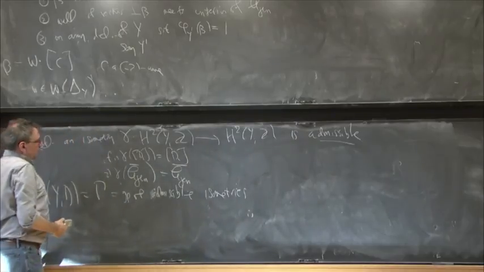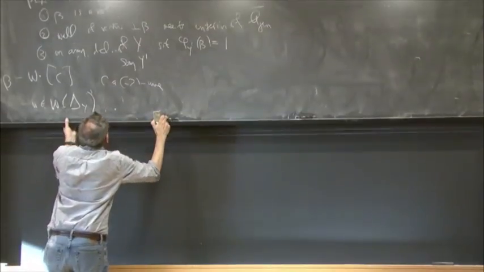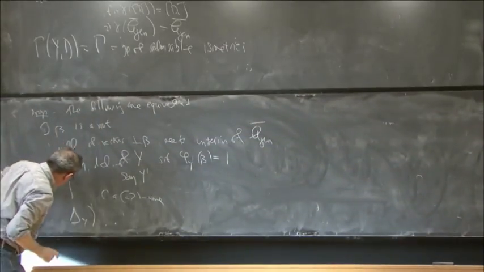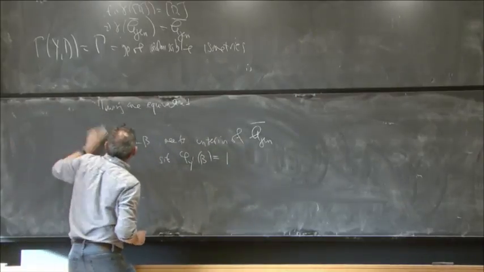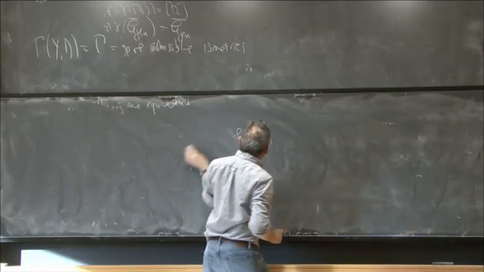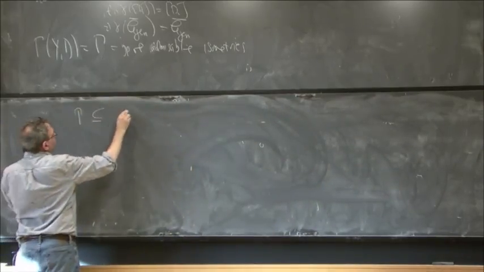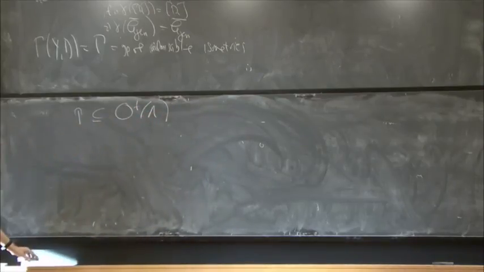Okay, so what are some obvious remarks? First of all, gamma is a subgroup of, let me call it O plus of lambda.